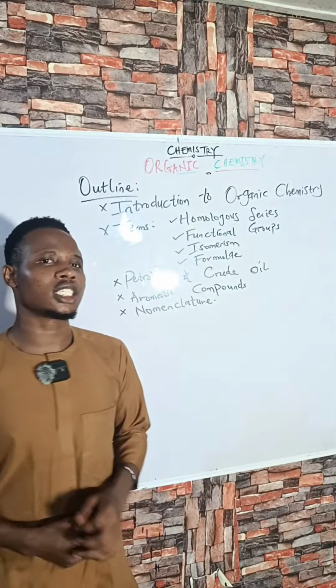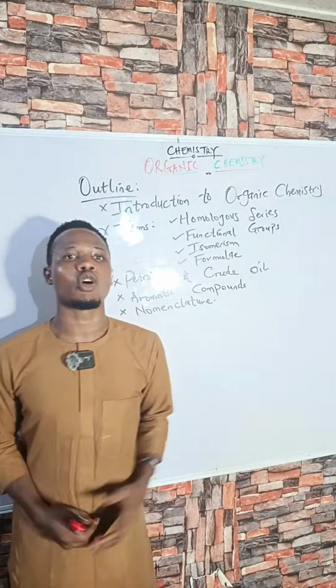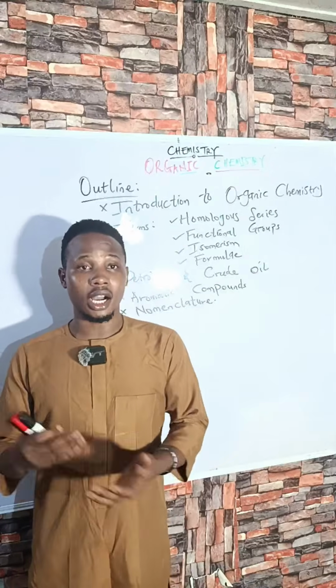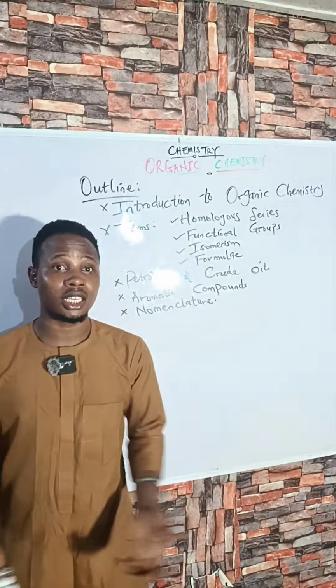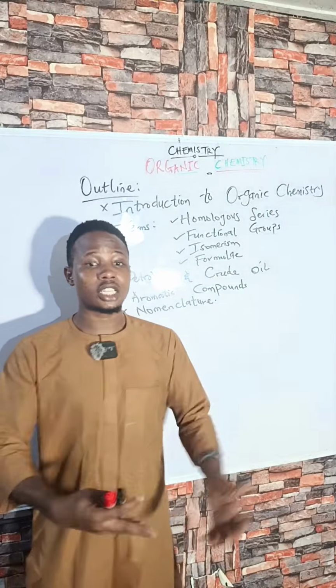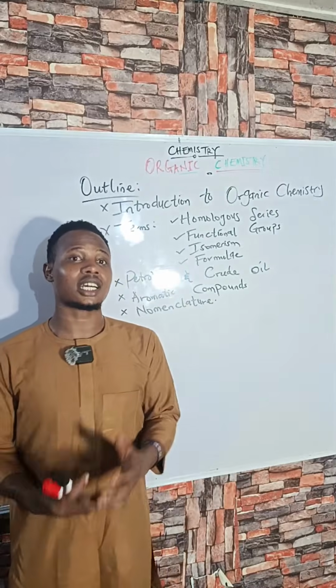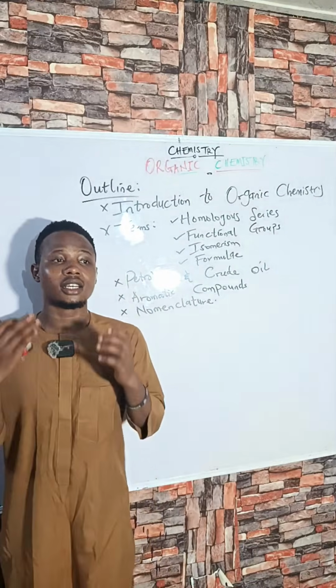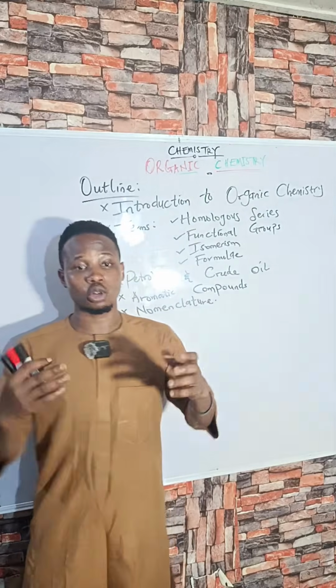So, if organic chemistry is the study of carbon-containing compounds, we want to think about carbon and hydrogen, CH4, that's methane. Is it an organic compound? Yes. You want to think about compounds like CH3COOH, that's ethanoic acid. Is it an organic compound? Of course. Now you think about compounds like CO3 2-, that's your carbonate.